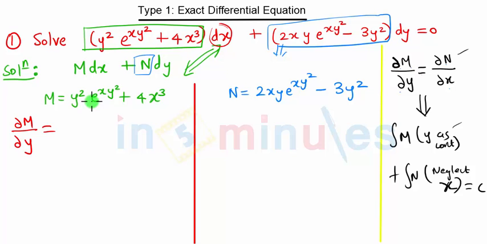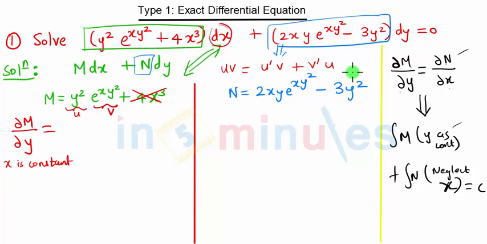So in this case, x will remain constant. Since x is constant, this part will be neglected in our differentiation, and these two terms are nothing but u into v, and we know the u into v rule.